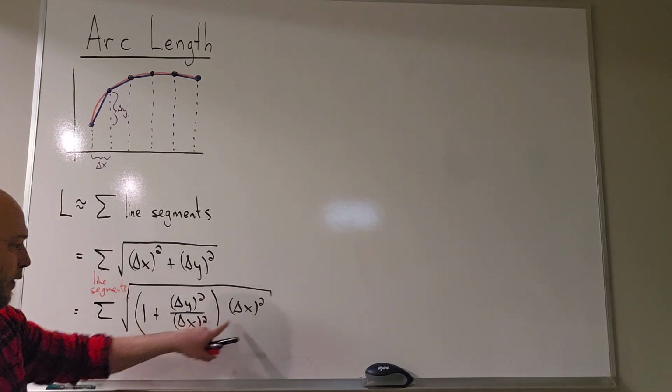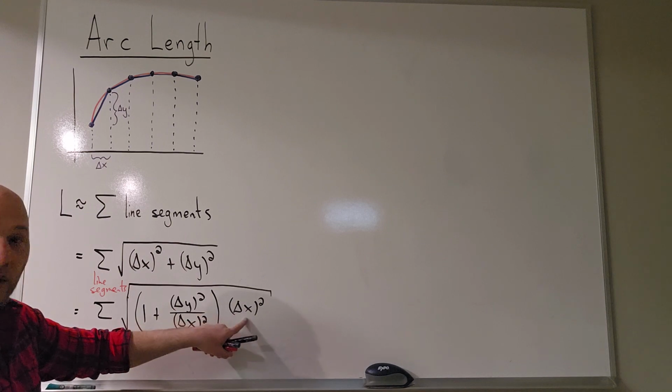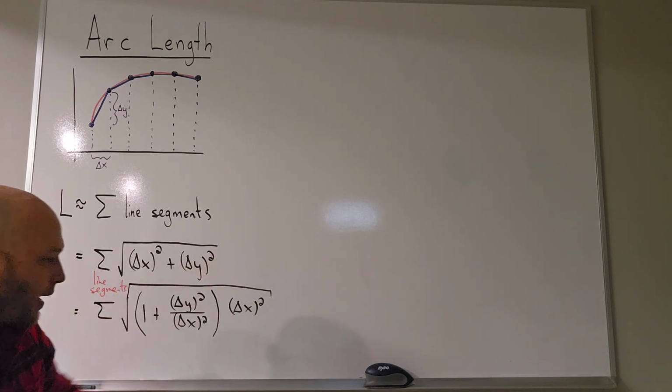Now notice here, this is a factor under a radical, and it's a perfect square, so I can take that outside of the radical.